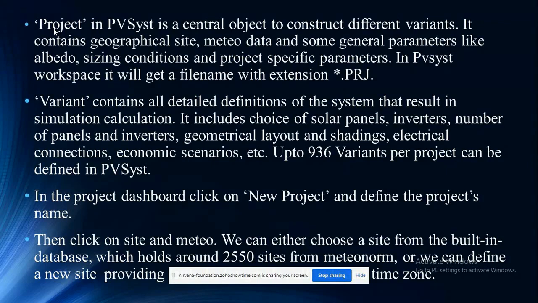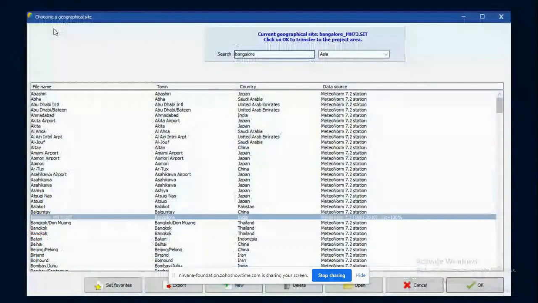Now in the project dashboard, we can click on new project, define the project's name, and then go with site and Meteo. There is a built-in database in PVSys which holds around 2,550 sites from Meteonorm. Else, we can also define our own location, giving all the details: latitude, longitude, altitude, time zone, everything.